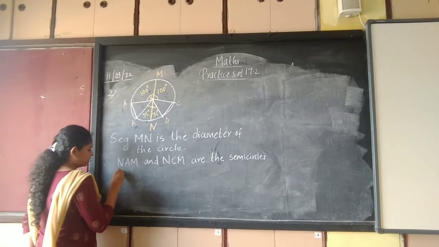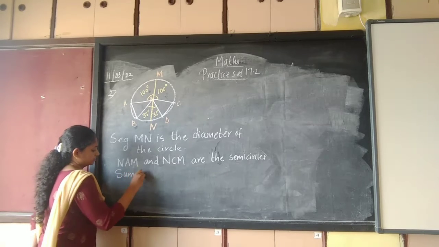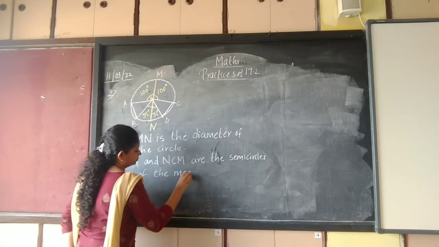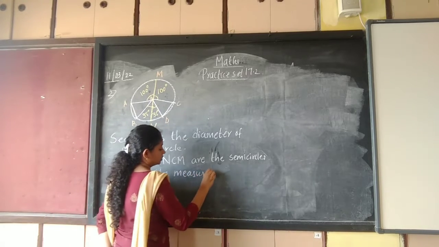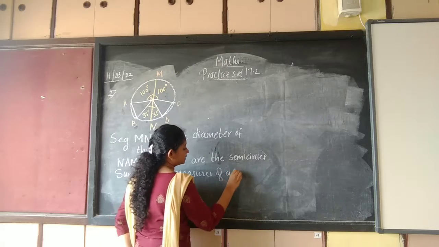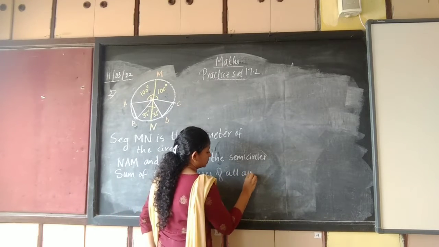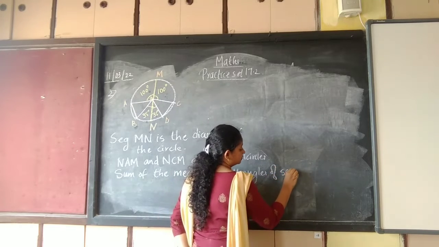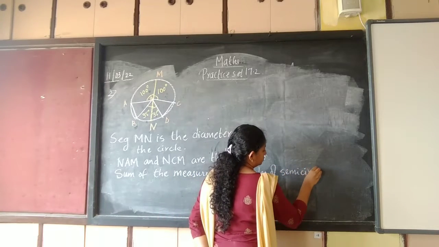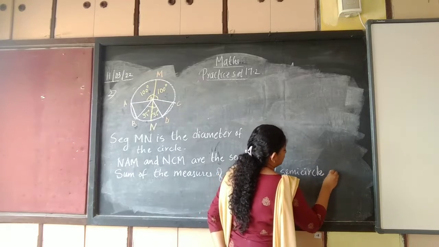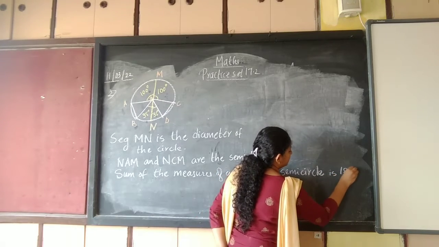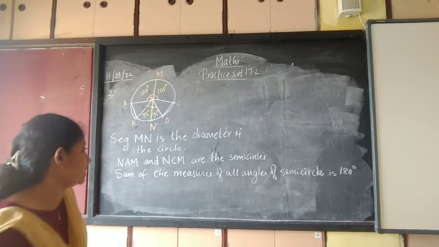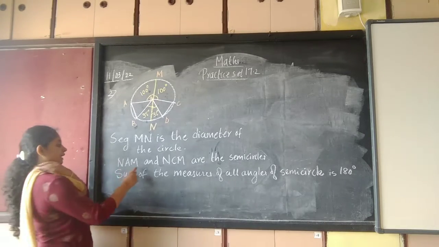You can write that the sum of the measures of all angles of a semicircle is 180 degrees.